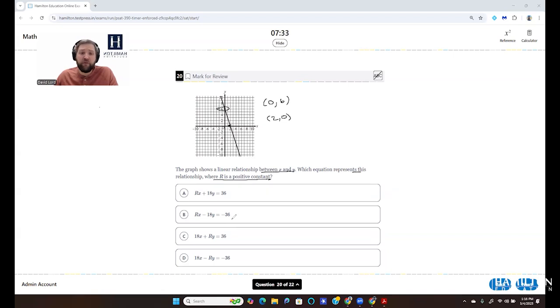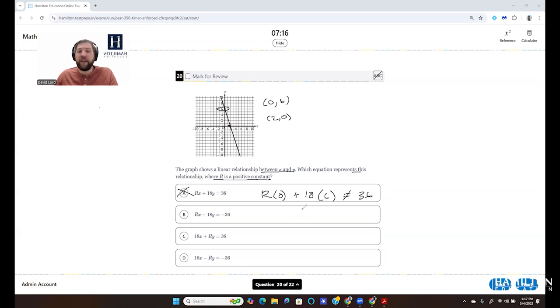Starting with A, if I plug in 0 for x and 6 for y, I would get r times 0 plus 18 times 6, which does not equal 36.